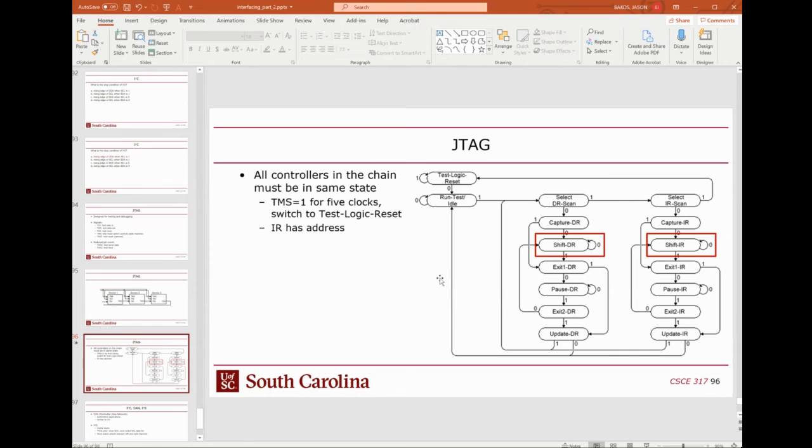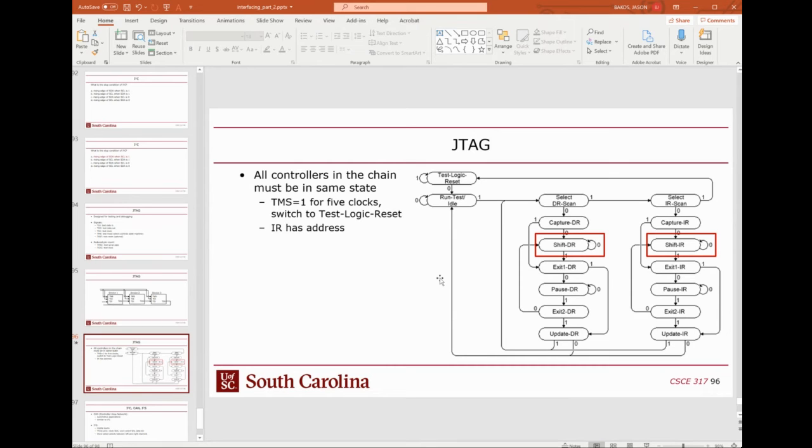So you use TMS to manipulate everything on the JTAG chain to be in one of these states. And once you get into that state, then you use the shift register to shift bits into the chain, which can be shifted into the instruction register or the data register, depending on what state you're in.